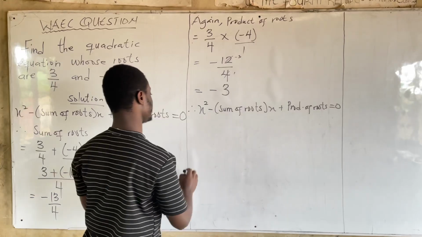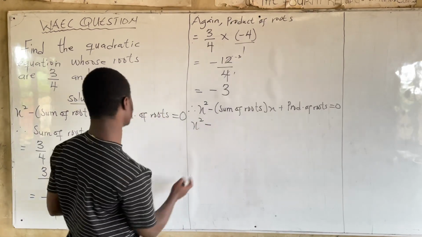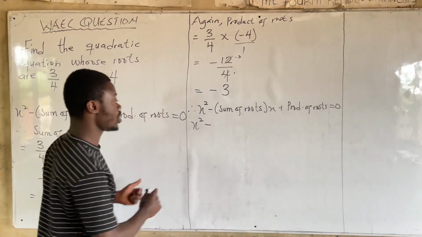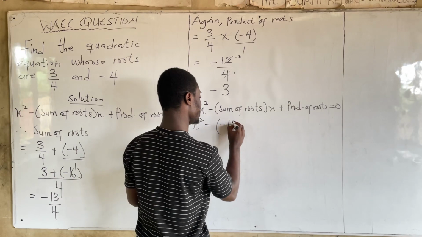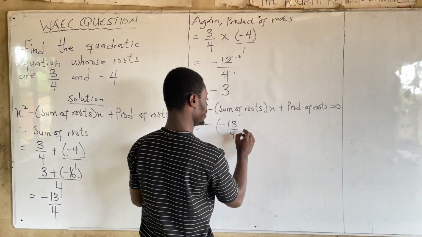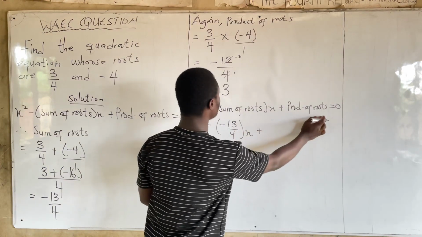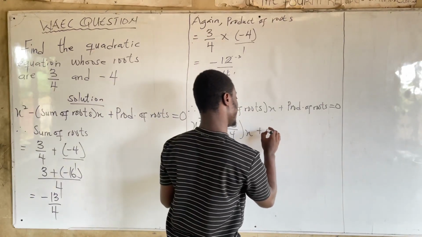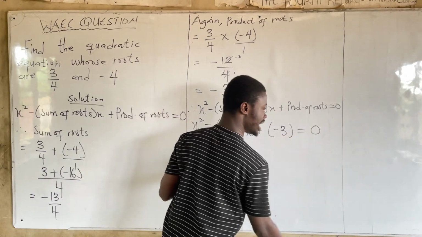We get x squared minus, the sum of roots is minus 13 over 4, so minus 13 over 4 here, and then x, plus the product of roots. The product of roots is minus 3, so plus minus 3 equal to 0.